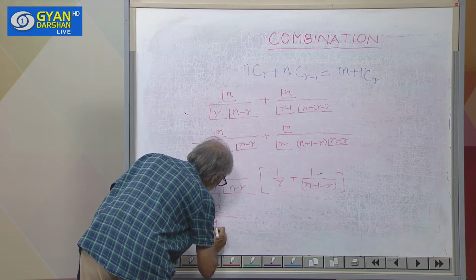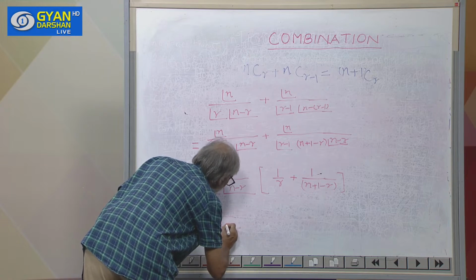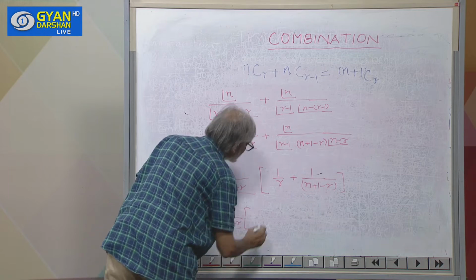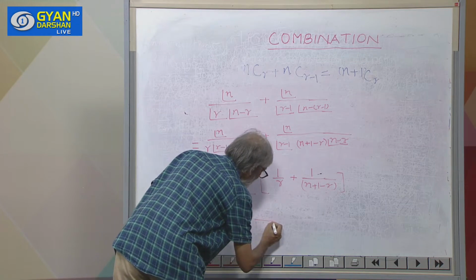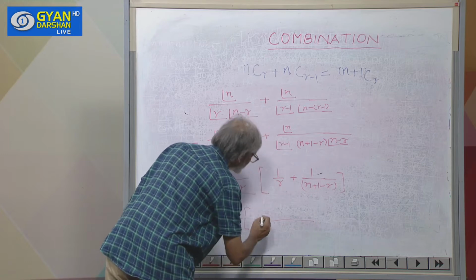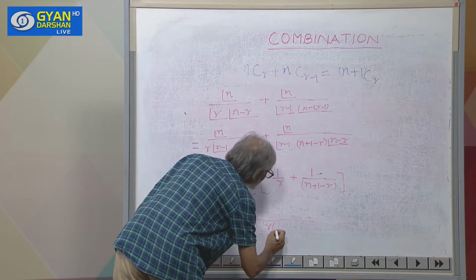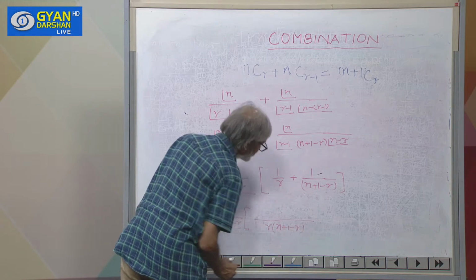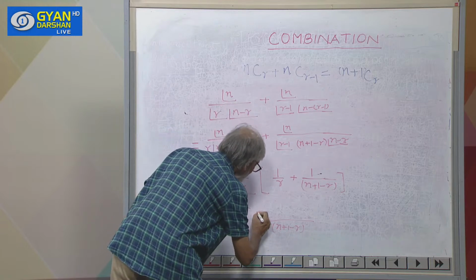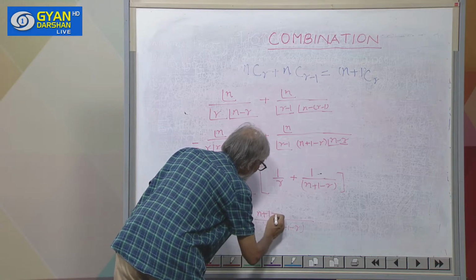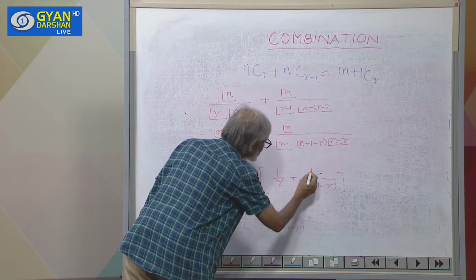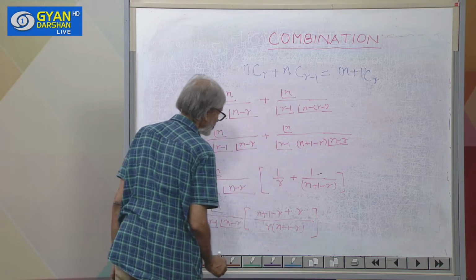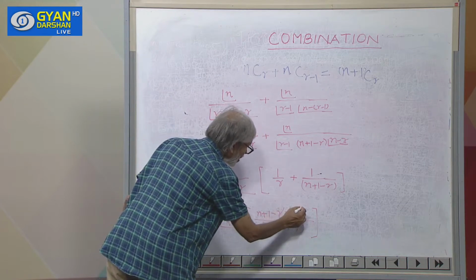Factorial n upon factorial r minus 1 factorial n minus r, and here it will become r into n plus 1 minus r, and here it will be n plus 1 minus r plus r. This r and this r will be cancelled.